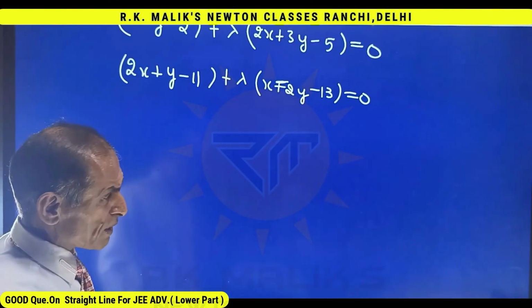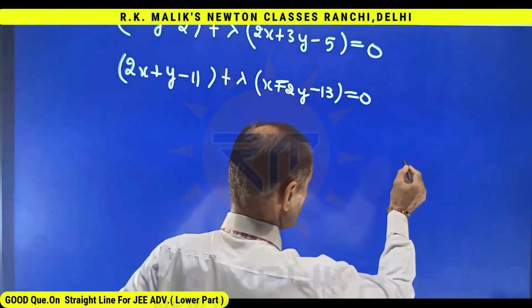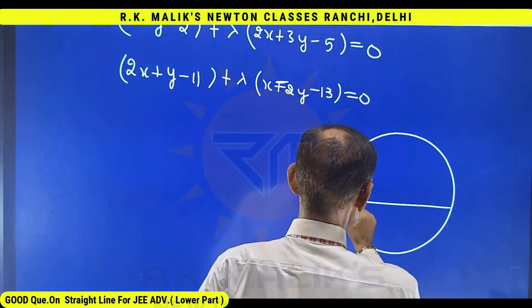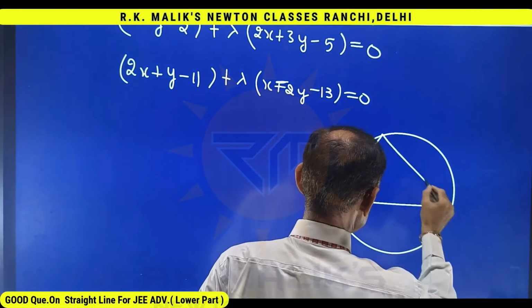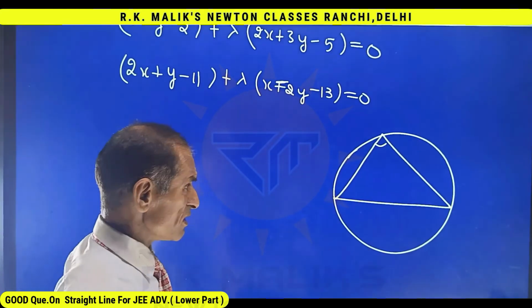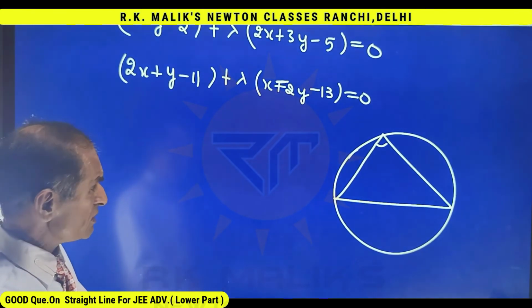Keeping this concept in mind, that in a circle every angle in a semicircle is always 90 degrees.